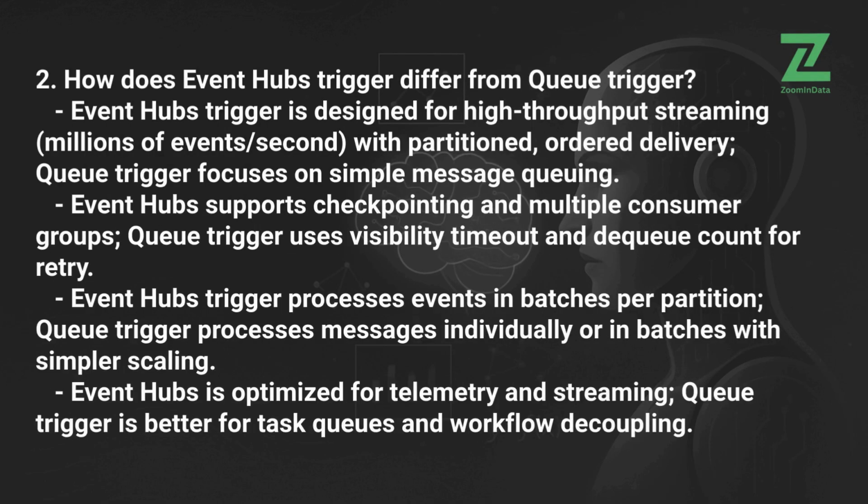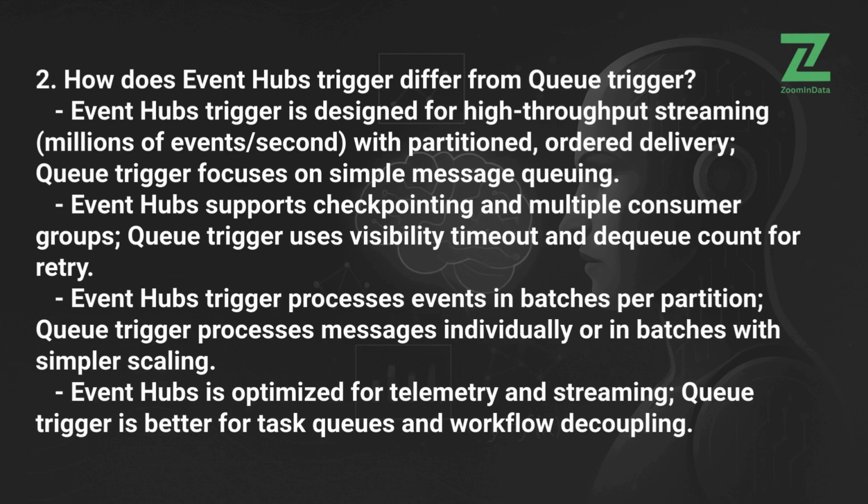2. How does Event Hubs trigger differ from queue trigger? Event Hubs trigger is designed for high-throughput streaming, millions of events per second, with partitioned, ordered delivery. Queue trigger focuses on simple message queuing. Event Hubs supports checkpointing and multiple consumer groups.